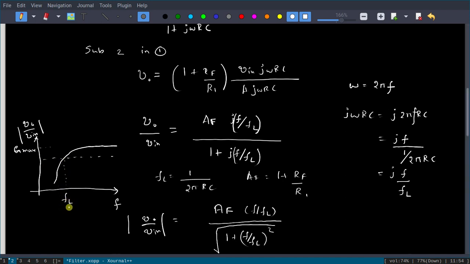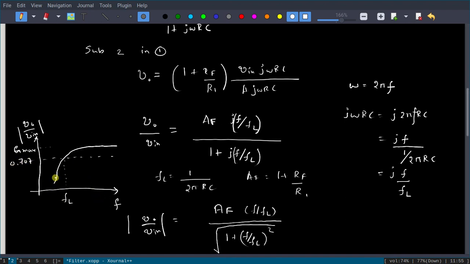Now you see why we called it fL, because it is the high pass filter, it is the lower cutoff frequency. After that all the frequencies it will pass, that's why it is called high pass filter. And cutoff frequency we give the suffix L because it is the lower one. So before this, any signal with frequency lesser than fL will not be passed, the gain will be very poor. At this point it will be 0.707.